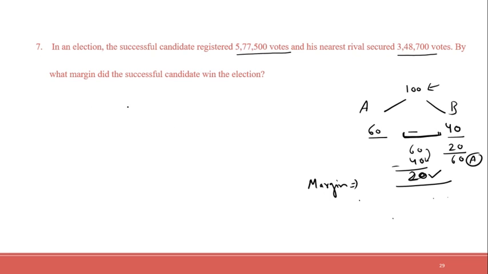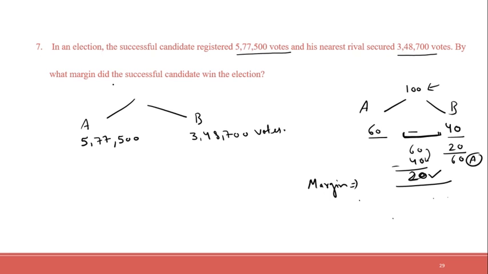So here, the winning member is getting 5,77,500 votes, and the rival, the candidate who is losing, got 3,48,700 votes, right?